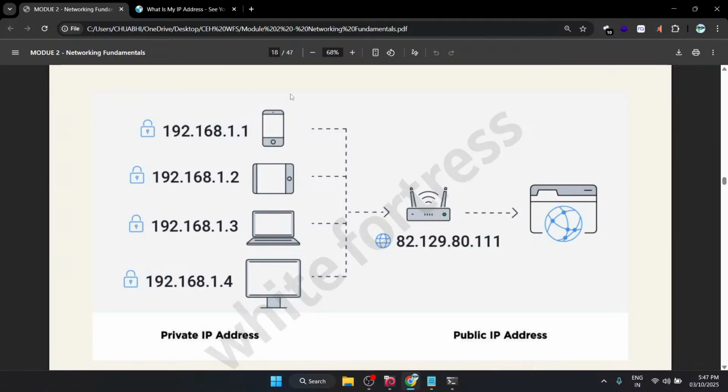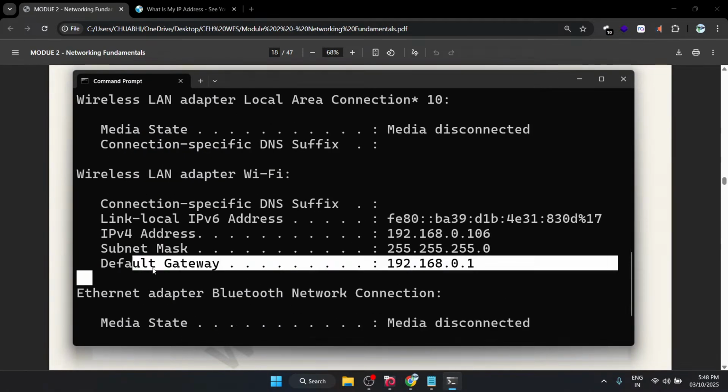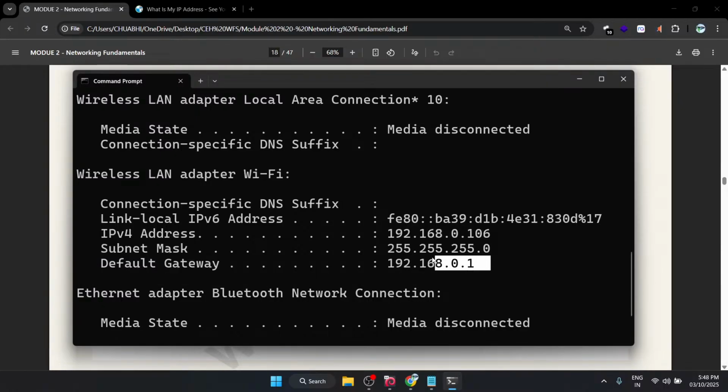Do not take 192.168.1.1, because this IP is actually your router's IP. The router has got not only one but 2 IP addresses. It has one public IP address, and another is your private IP address. Here, if we check again, you can see the default gateway 192.168.0.1.